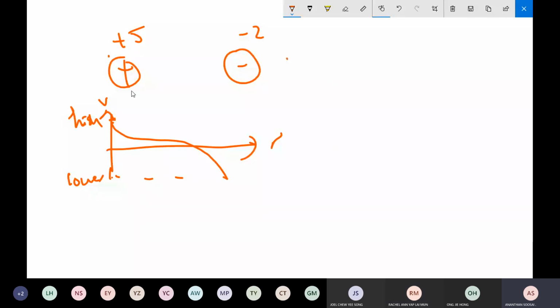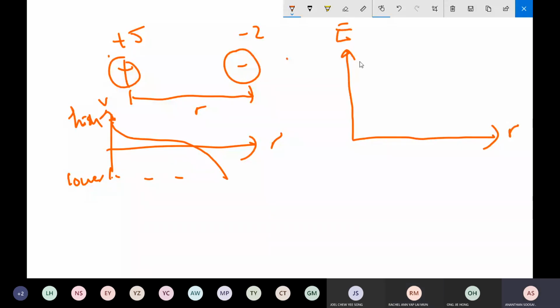For this same system, how does the graph look like if you plot E versus R, electric field strength versus R, as you move away from the positive charge?